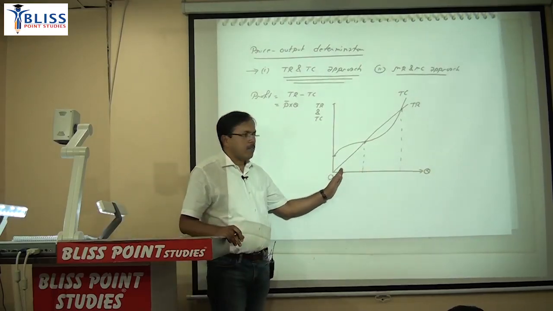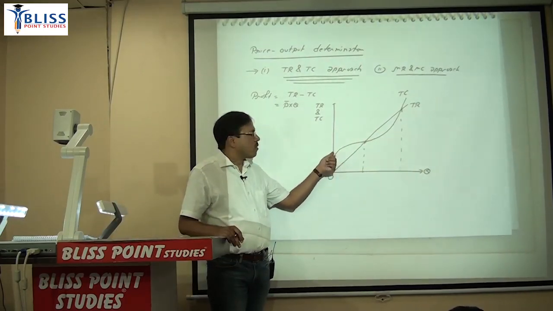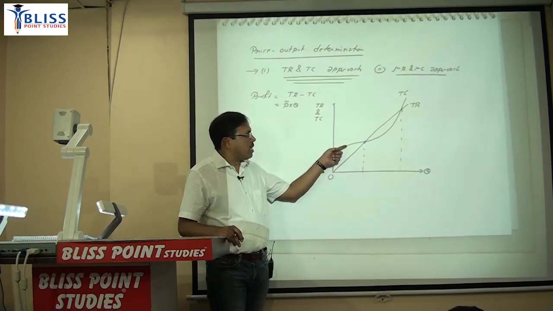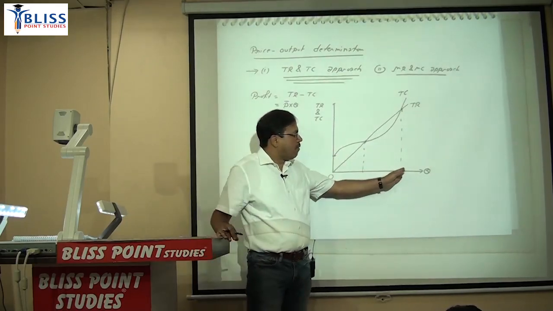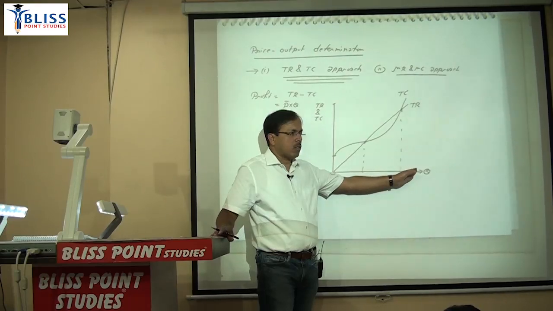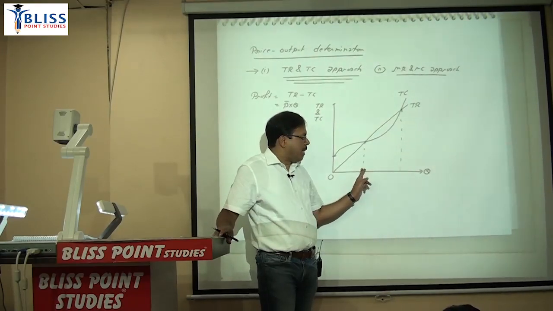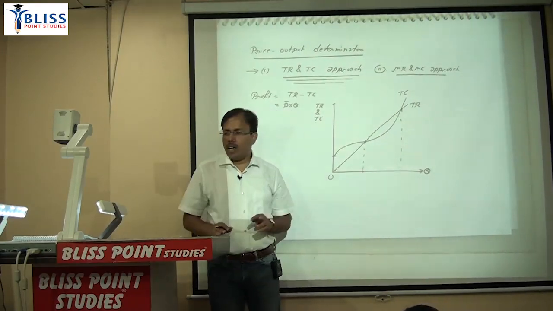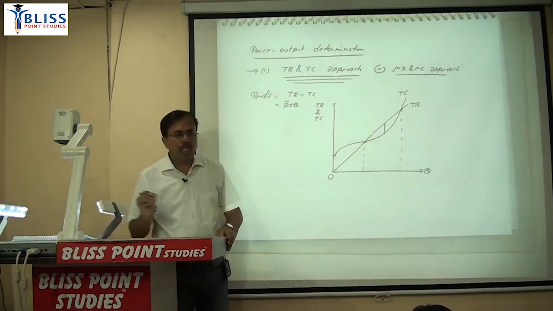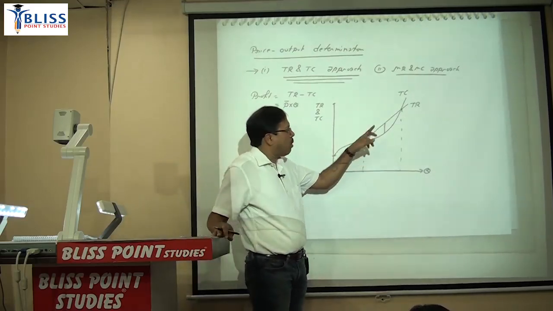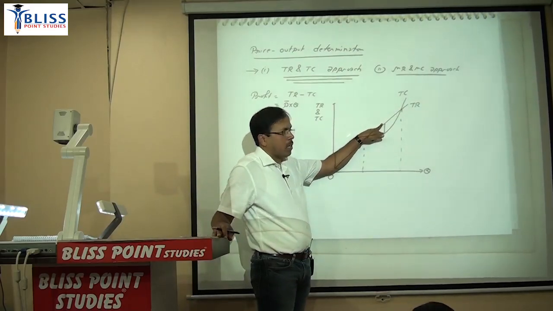To the left of it TC is more, TR is less, so there will be loss. To the right of it also there will be loss. Only in between there will be profit, and profit is the vertical distance between these two. तो जहाँ पे ये वर्टिकल गैप मैक्सिमाइज हो रहा है वो मार्क कर लेंगे.